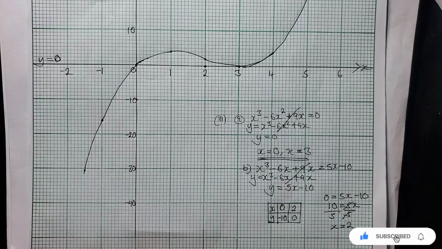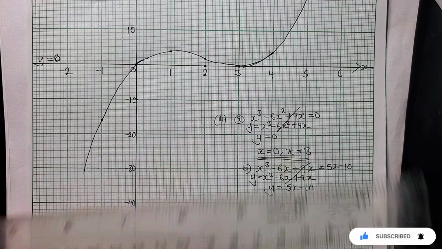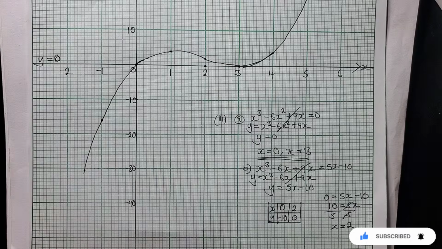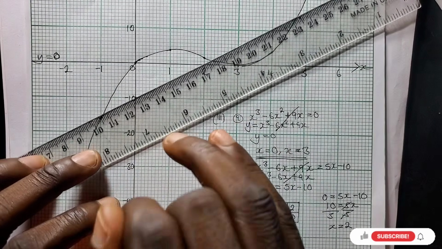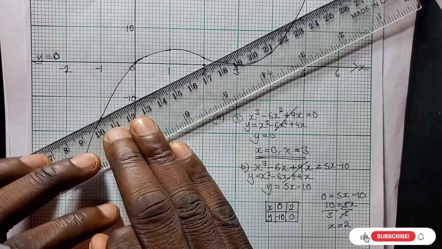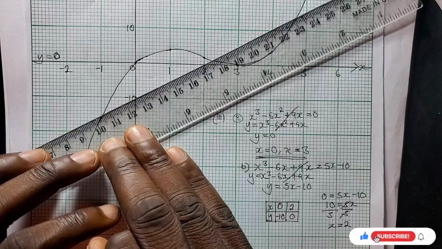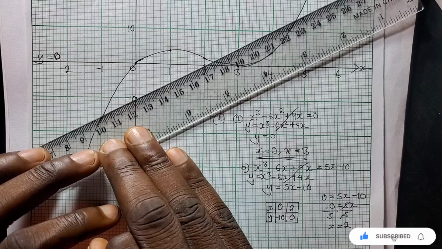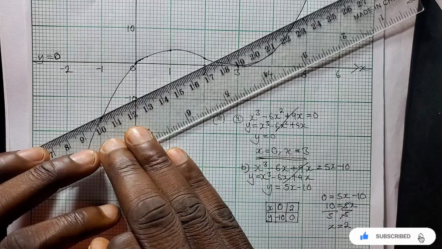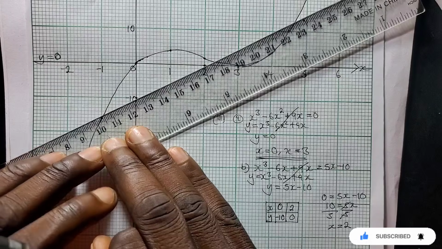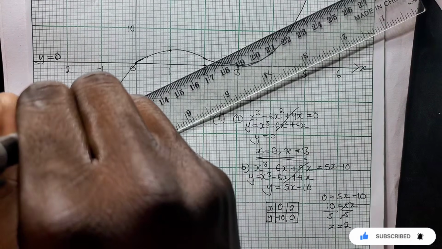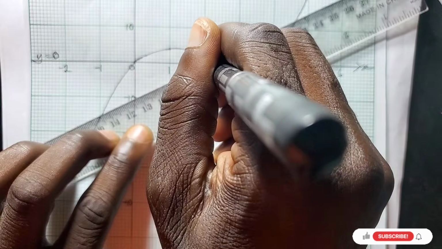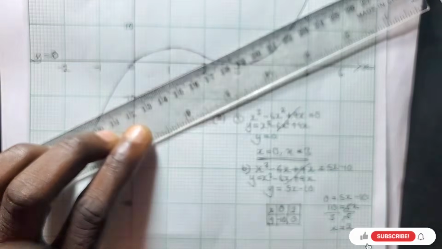All right. So let's use our ruler and draw the line connecting the two points. These are the points. Let's draw a line passing through that. Extend the line. Don't just draw up to 10 and 2 like this.